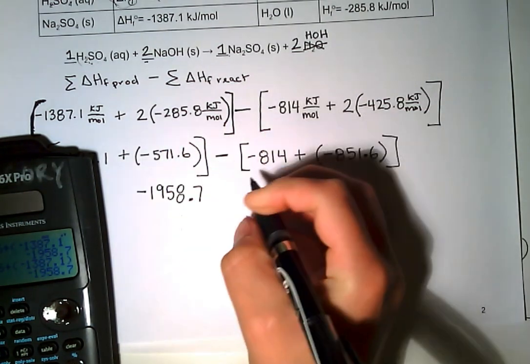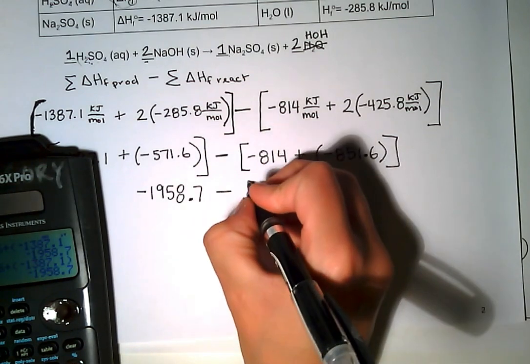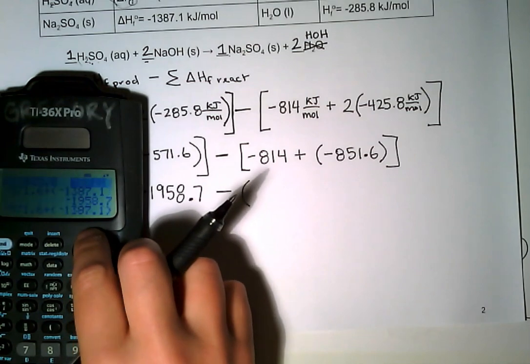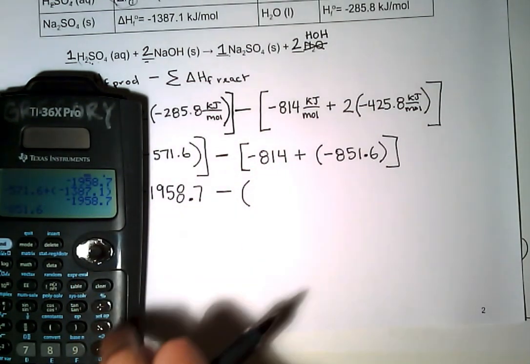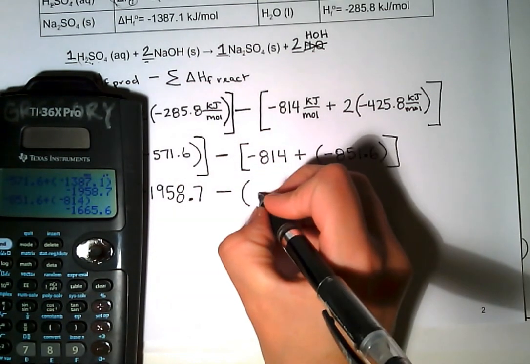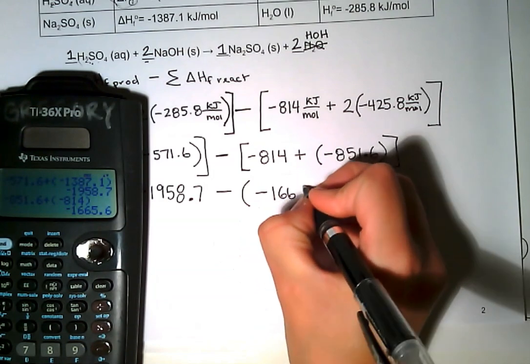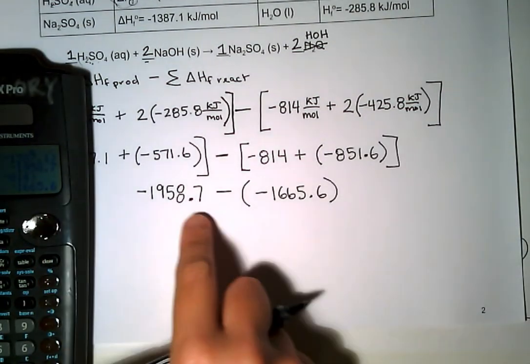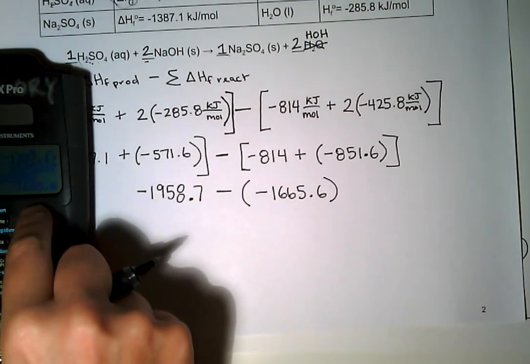And then, of course, I need to subtract my second answer. So, negative 851.6 I've had before, plus negative 814. Now I got negative 1665.6.